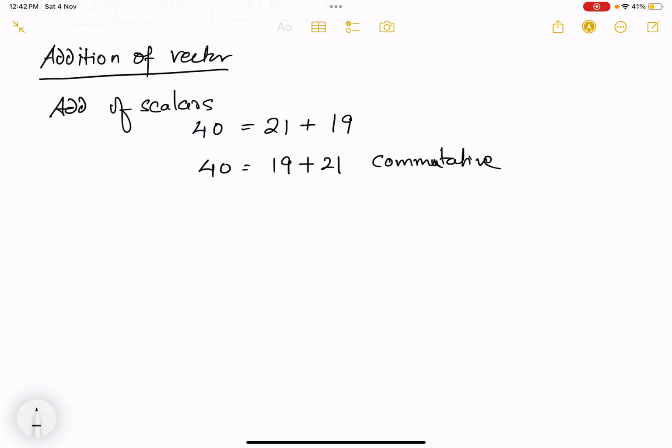How do we add vectors now? If you look at the vectors, we represent vectors by arrows. Suppose I have two vectors, one is vector A, the other is vector B. Now how do I add these two vectors?